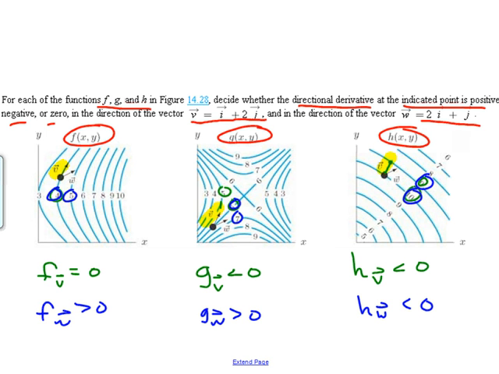So the directional derivative lets us know how a function is changing in the direction of some vector.